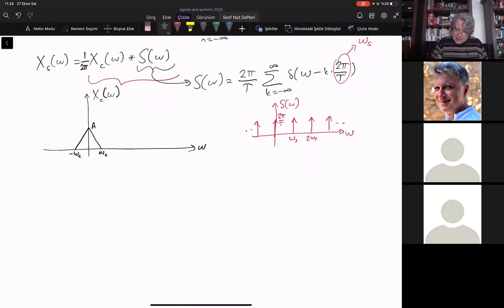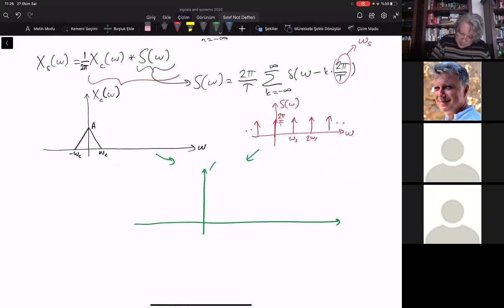And let us now convolve X sub c of omega and S of omega to obtain, I will draw it in green. So from here and here, I'm convolving to come up with X sub s of omega, which will be this triangle here, which is a convolution of the triangle with the impulse at the center.